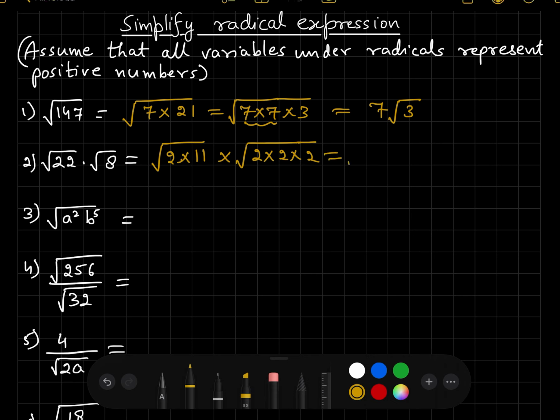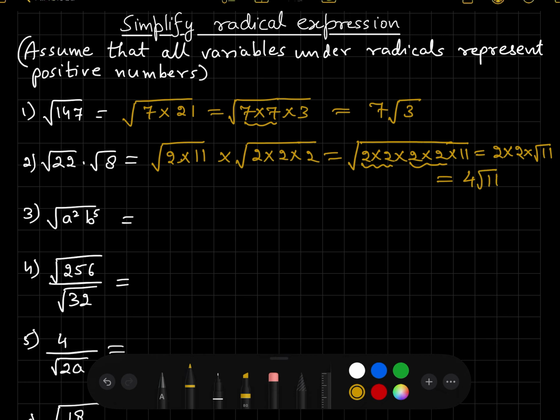Now I can write it all under one radical sign: 2 times 2 times 2 times 2 times 11. I have 2 pairs of 2's, so 2 times 2 would come out and the square root of 11 would be left. So our answer would be 2 times 4 square root of 11.